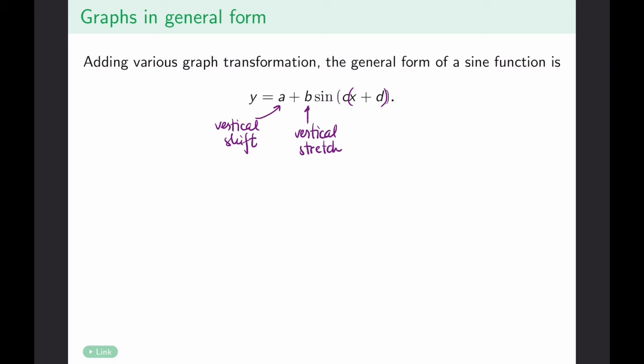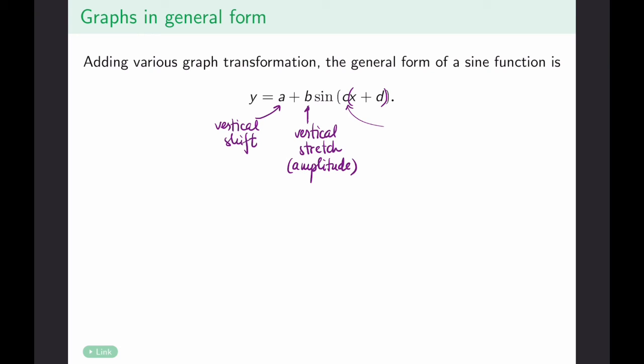For the trigonometric functions, this is also what we call the amplitude, because this will show us, as we will see on the next graph, how tall the graph of sine or cosine is. We know that generally the sine and cosine function is trapped between -1 and 1. This will produce a wider range of y values.